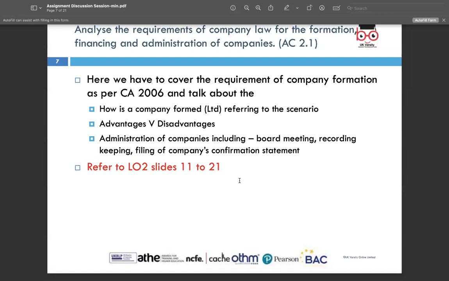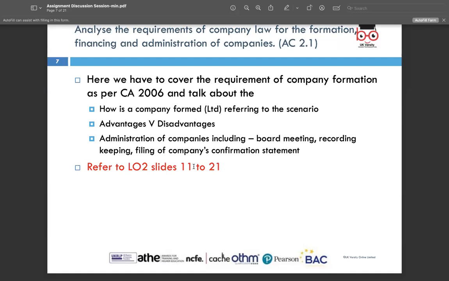Administration of companies. Board meetings: discuss the requirements for holding regular board meetings, the importance of keeping accurate minutes, and the role of the board in decision making. Record keeping: outline the statutory books and records a company must maintain, including registers of members, directors, and secretaries.